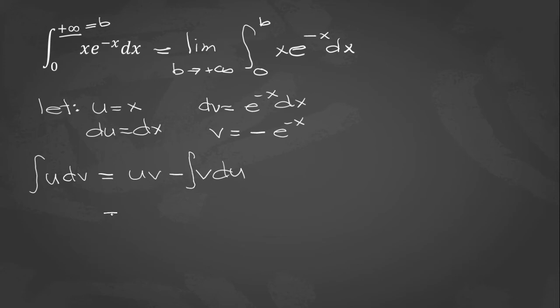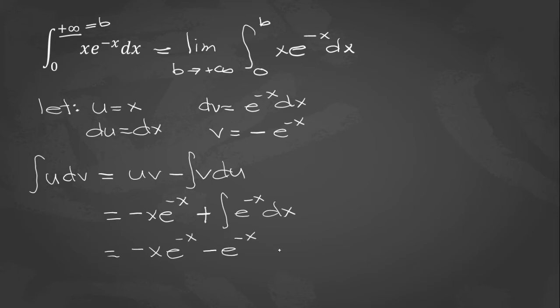So we have u is x multiplied by v, that is negative x e raised to negative x, minus the integral of v du. Negative multiplied by negative is just a positive, so we can change this sign to positive. The integral of e raised to negative x dx gives negative x e raised to negative x minus e raised to negative x plus c.